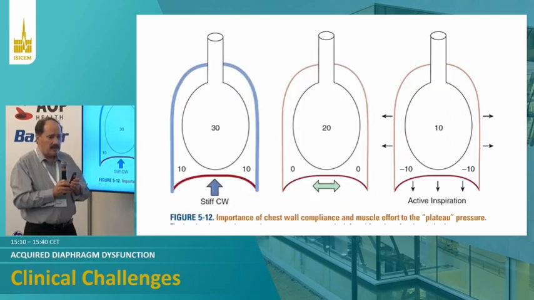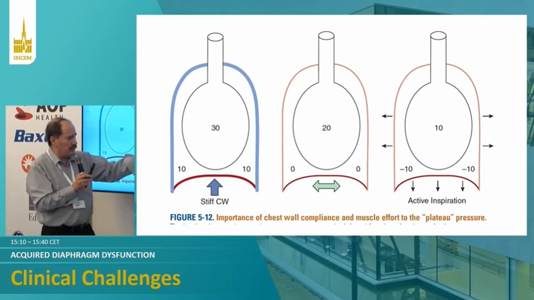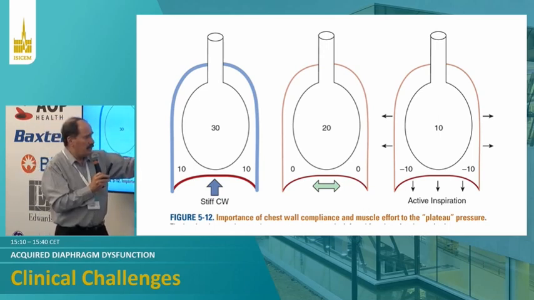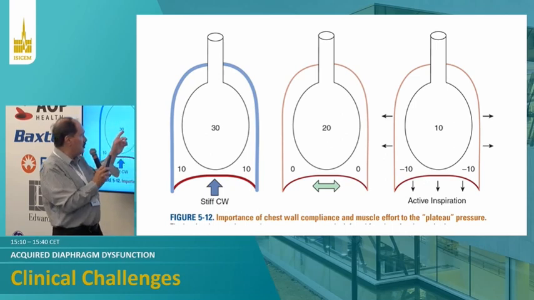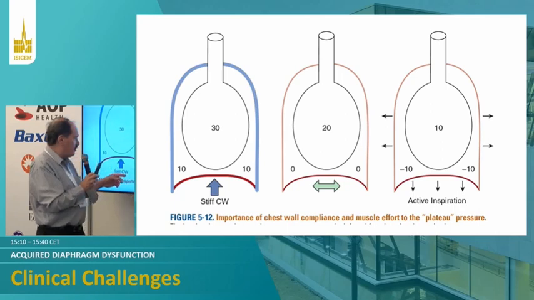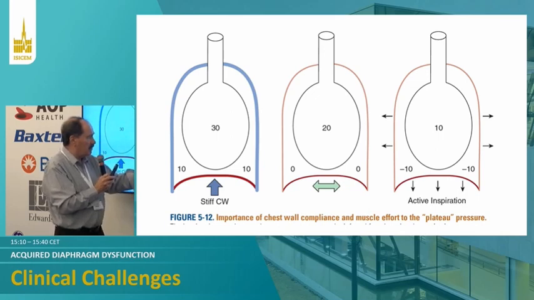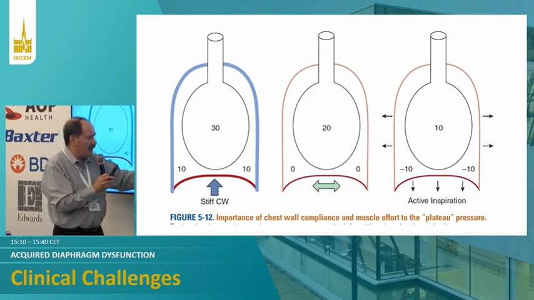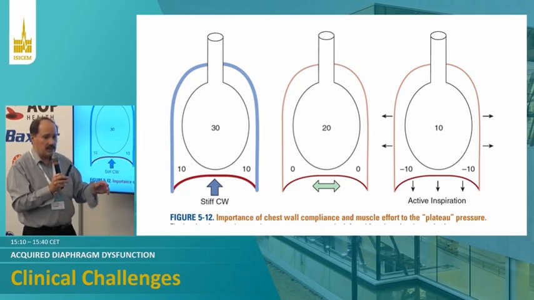And I don't mean to talk down to this audience, but I think you know that if I have the same alveolar volume to deal with, I can be measuring 10 centimeters of water, 20 centimeters of water, or 30 centimeters of water at the airway opening, depending on whether I have a very stiff chest wall, or if I have a normal chest wall and a passive situation, or if I have an active situation. I'm going to have a very different setting.